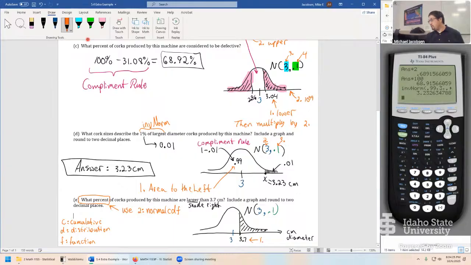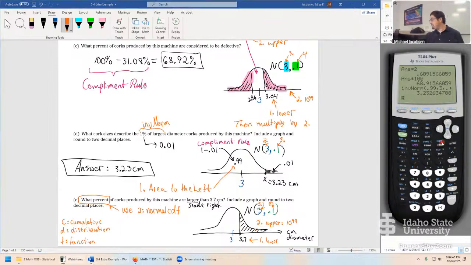This is input 1, the lower bound. We're shading to the right without stopping whatsoever. So input 2, the upper bound, is going to be 10 to the power 99. Strange number, but just the largest number we can throw in the calculator. That's input 3 and input 4, the last 2 numbers there.